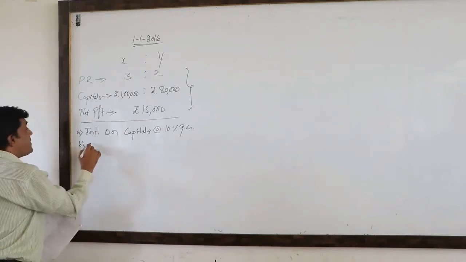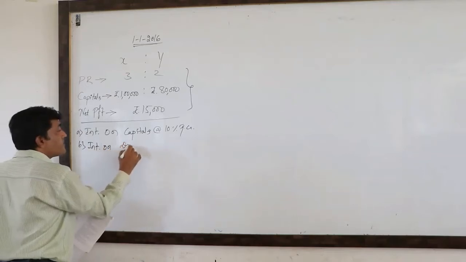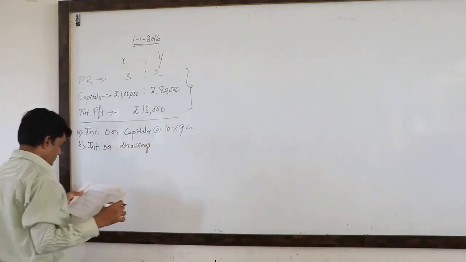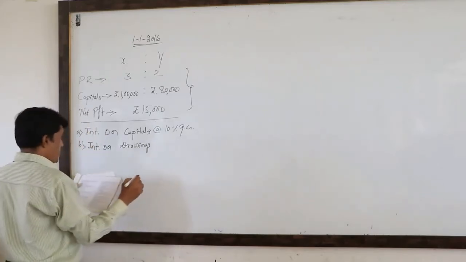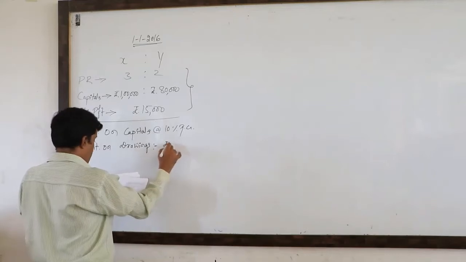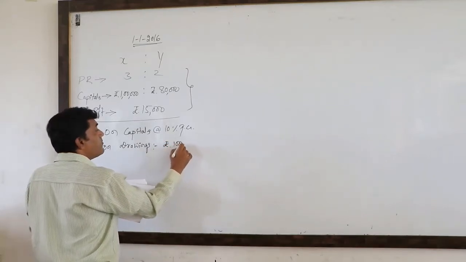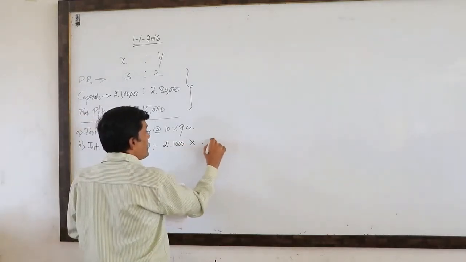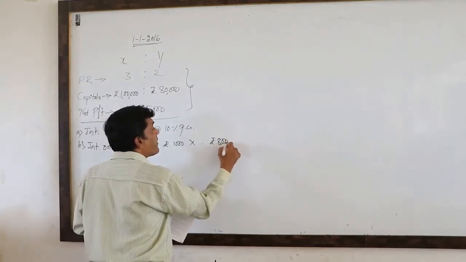Point B, interest on drawings: rupees 1,000 from X, and rupees 800 from Y.